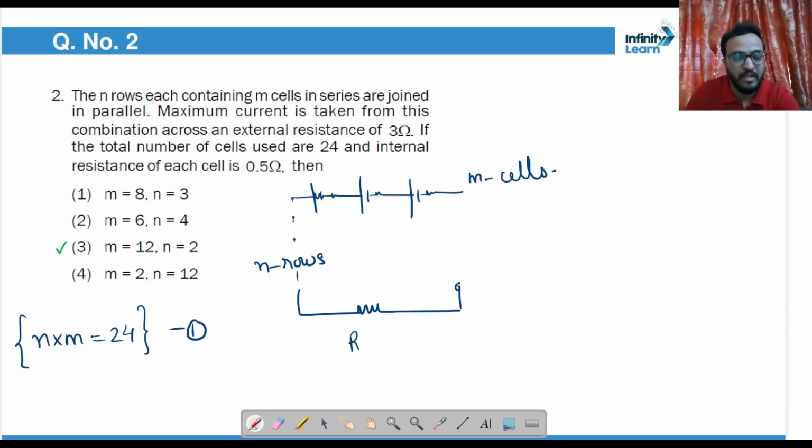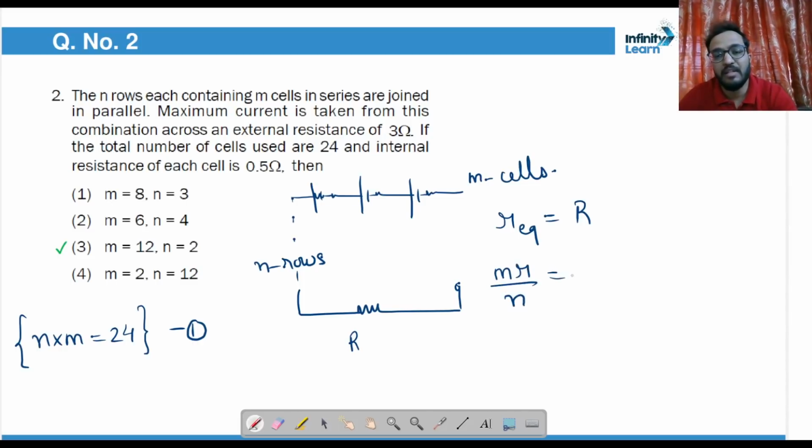This is number 1. Number 2, power will be maximum if R equivalent is equal to capital R. Now what is R equivalent? It is m times small r upon n is equal to capital R. Now m by n into small r is 0.5, capital R is 3, so m by n is 6.